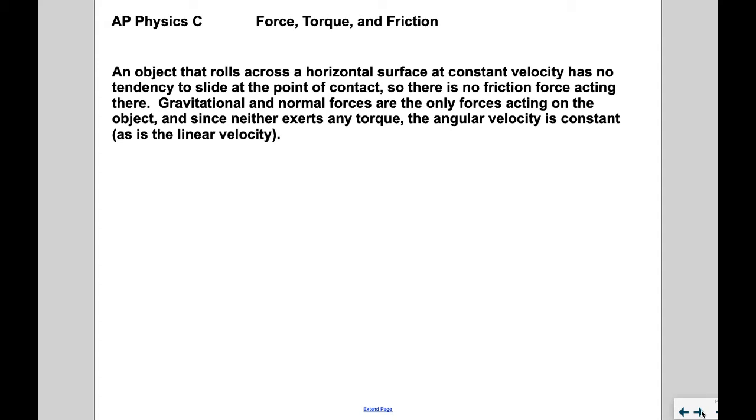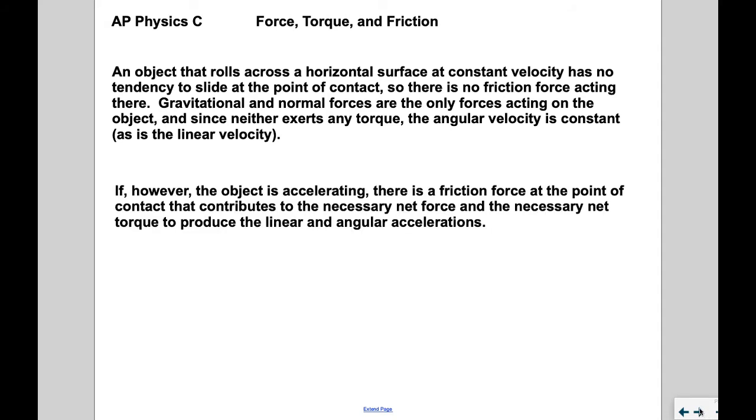The gravitational and normal forces act, but since neither of those forces exerts any torque, because they act at the center of mass, the angular velocity is also constant. So we have a constant linear velocity v and a constant angular velocity omega, where, of course, v equals omega times r.